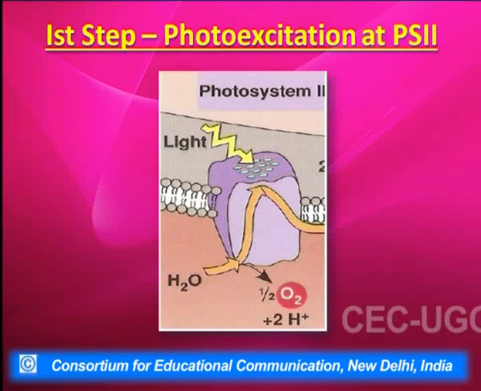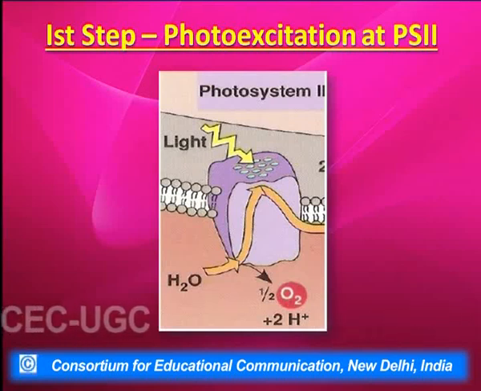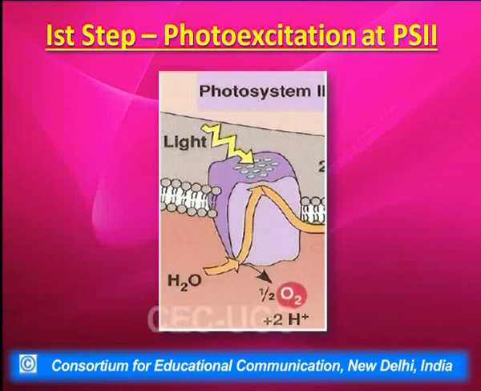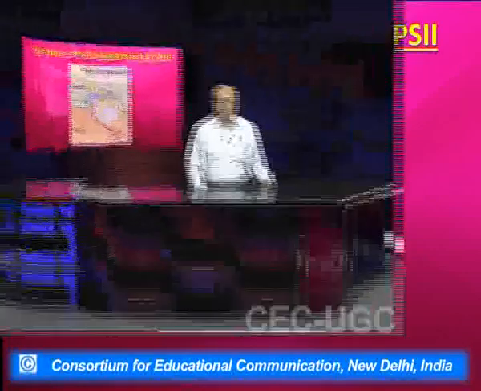So, the first step of the photoexcitation would take place at the PS2. As I said before, PS2 is a high energy system, and this high energy system is going to operate at less than 680 nanometers. It is a strong oxidant.